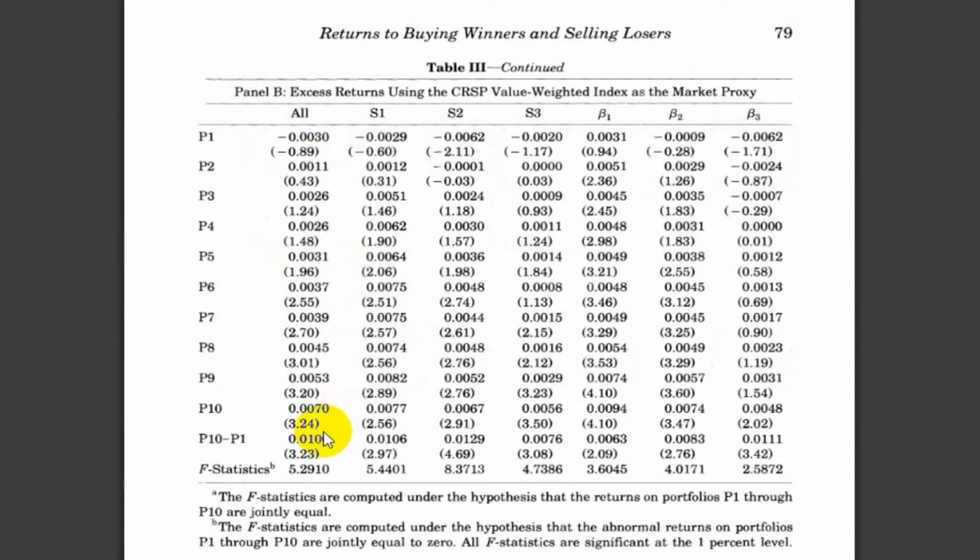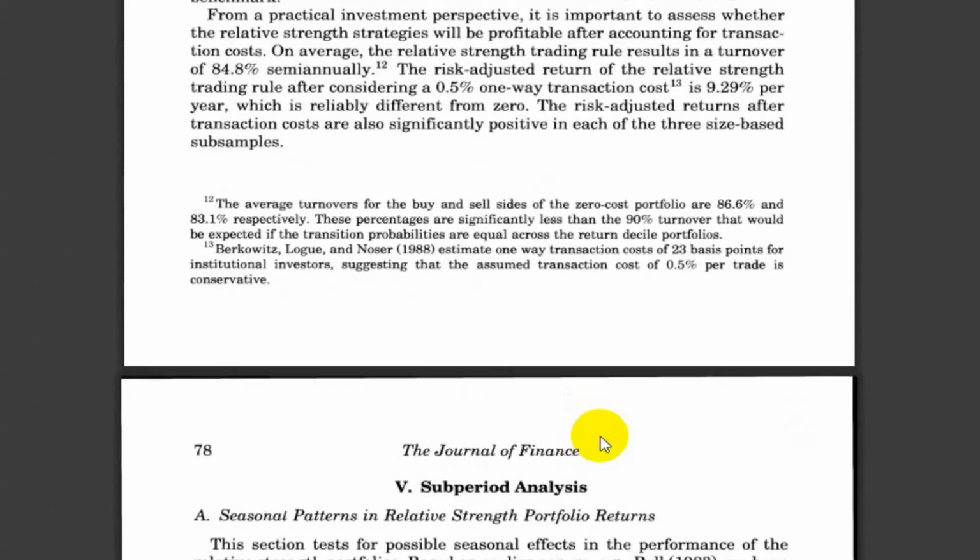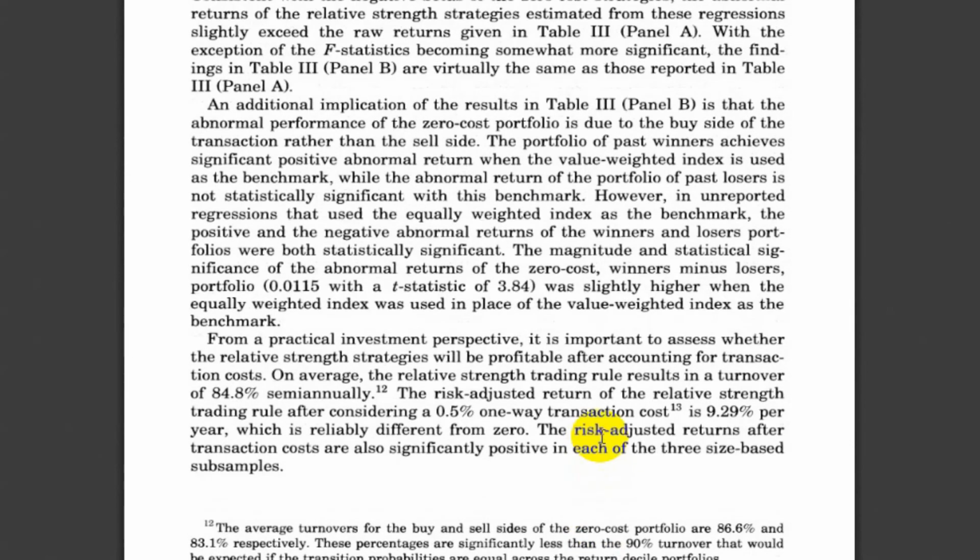And so the results here are about the same as panel A, whereas in the 10-1 portfolio, the larger companies have a smaller excess return than the small companies, and the higher beta companies have a higher excess return than the smaller beta companies. So let's go back up here to the discussion.